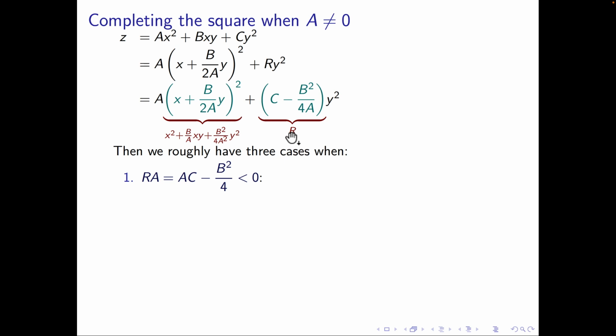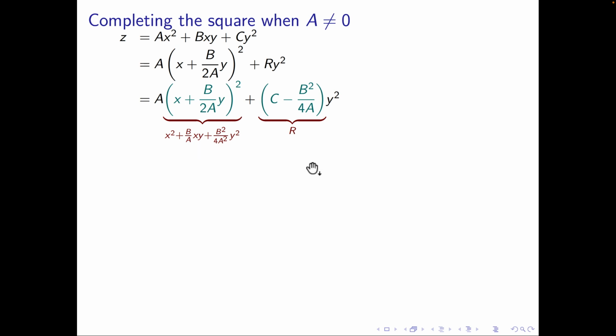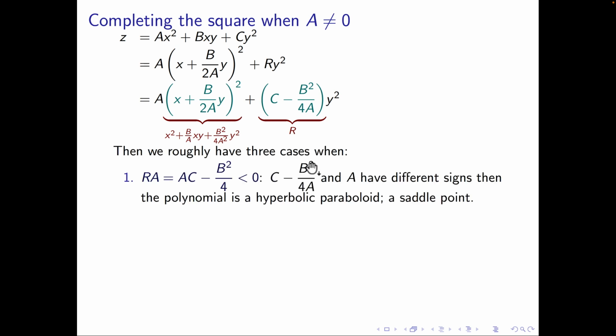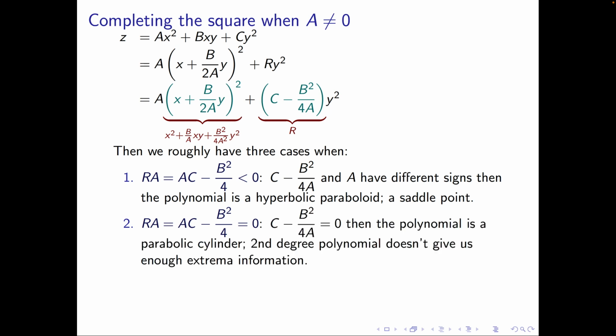If the two signs are different, I get a hyperbolic paraboloid. That's a saddle point. And if it's 0, then the polynomial is going to be a parabolic cylinder, and it's a second degree polynomial, and it doesn't give us enough information using the test. So I have to use something else, and you will see that in another shape.